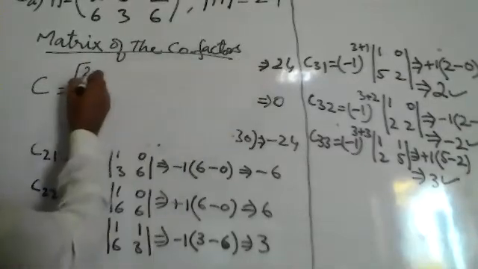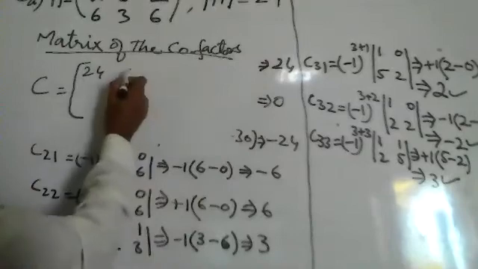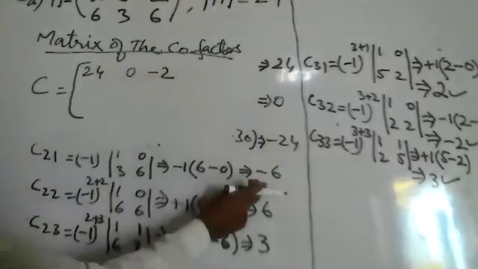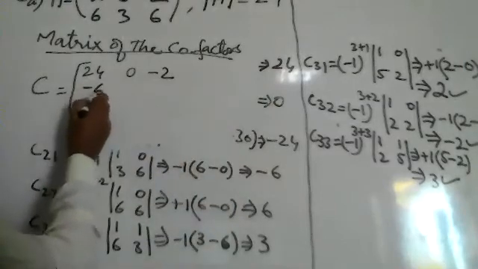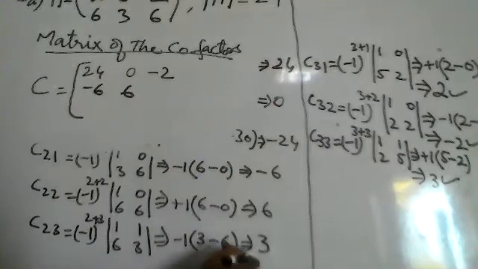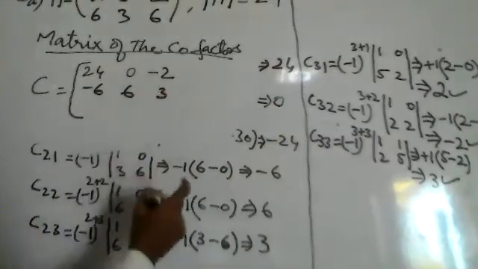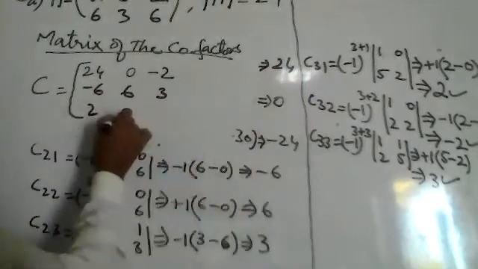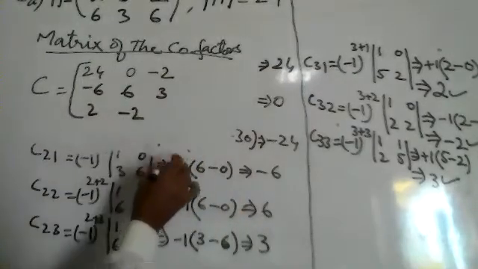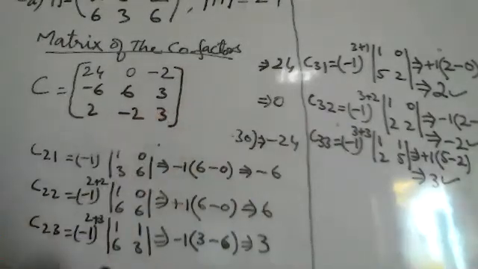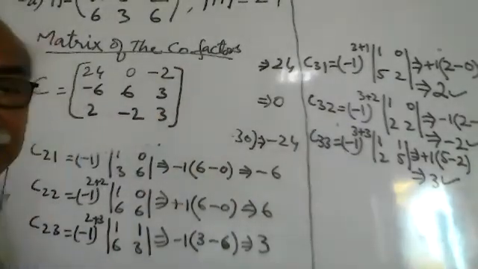C11 is 24, C12 is 0, C13 is minus 24, C21 is minus 6, C22 is 6, C23 is 3, C31 is 2, C32 is minus 2, C33 is 3. This is the matrix of the cofactor. This is the second step.